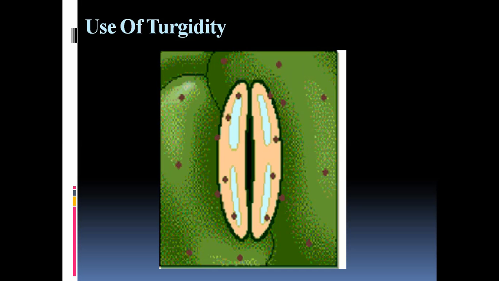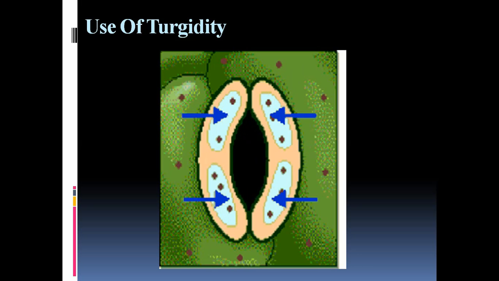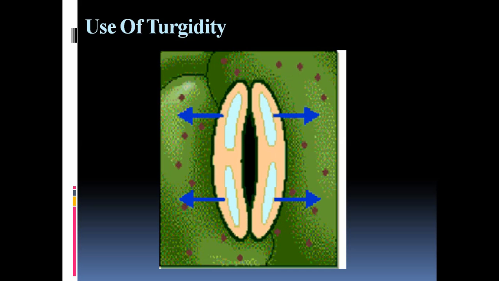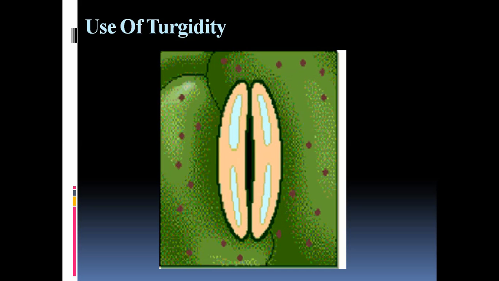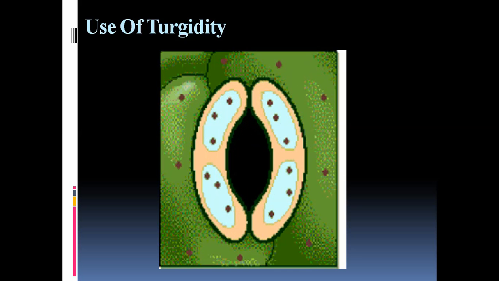This causes them to bulge outwards, because the inner wall is thick and rigid whereas the outer wall is thin. When they become turgid, they bend like this. The outer wall swells up, but the inner wall bends back, and thus the stomata open due to turgidity, and we get the open stoma.